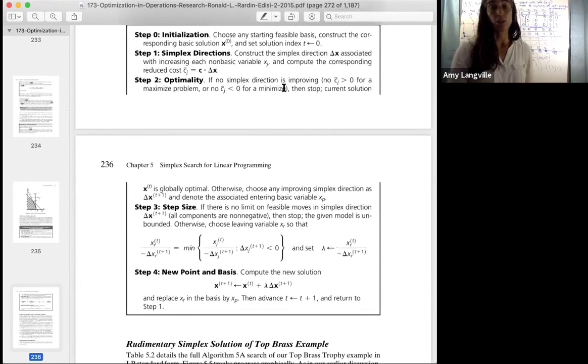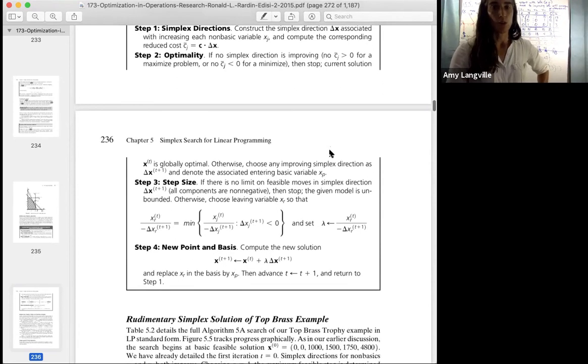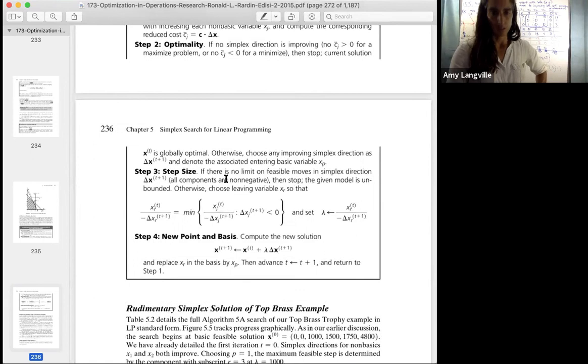If no simplex direction is improving, that means you had no reduced costs for maximization that were greater than 0. That means you can terminate. You've moved from one iteration to the next and there's nowhere else to go. That's the best.